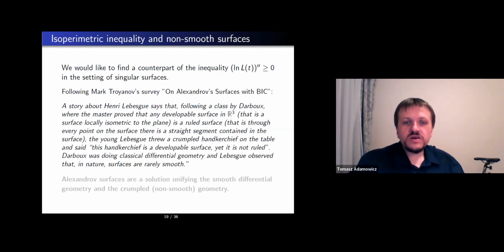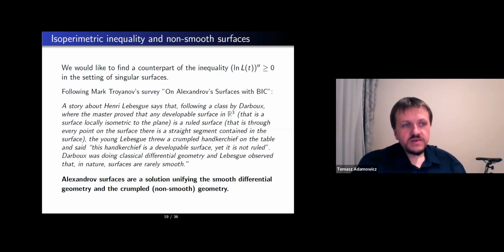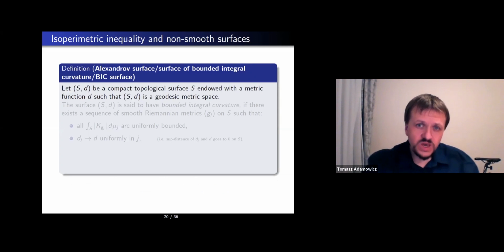So Darboux was doing classical differential geometry, and Lebesgue observed that in nature, surfaces are rarely smooth. It turns out that there is a notion of surface that unifies the Darboux approach in terms of smooth differential geometry and the non-smooth geometry of Lebesgue, and this notion is called the Alexandrov surface.